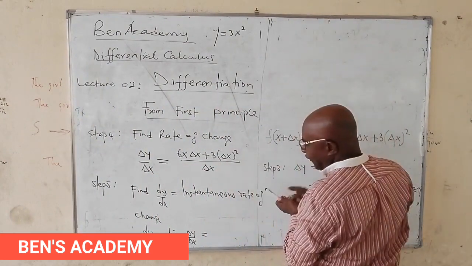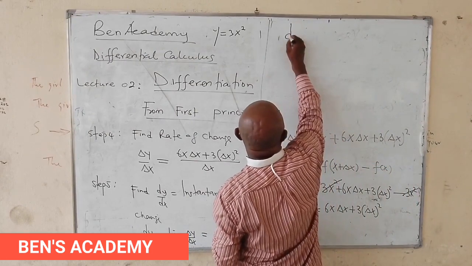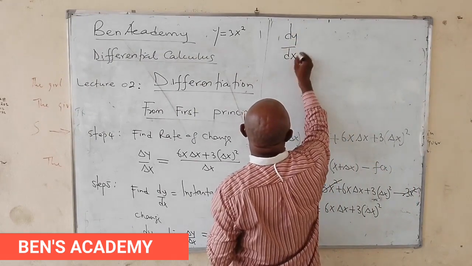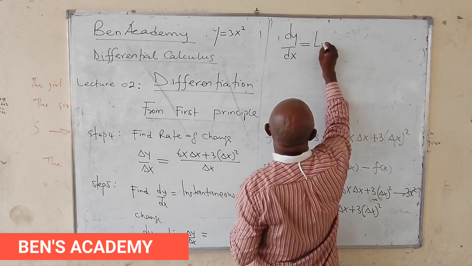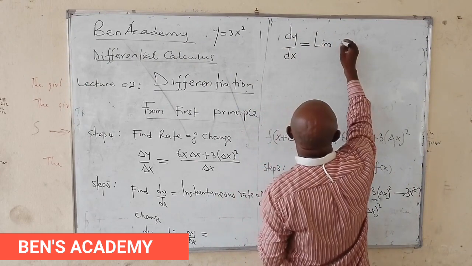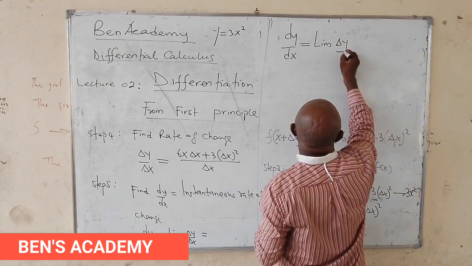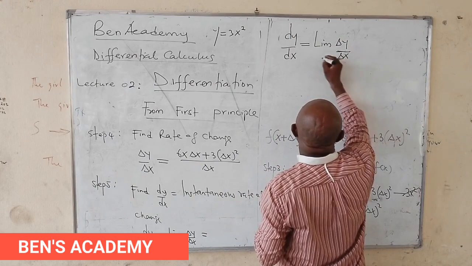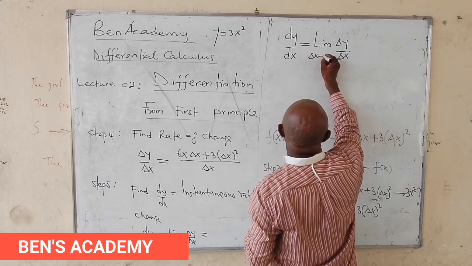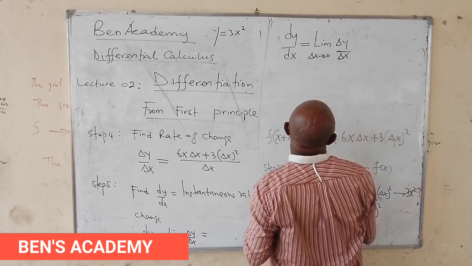We want to find dy dx. So dy dx is equal to the limit of change in y upon change in x as change in x is approaching or tending towards 0.